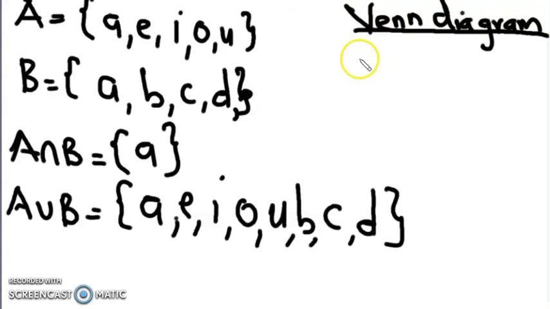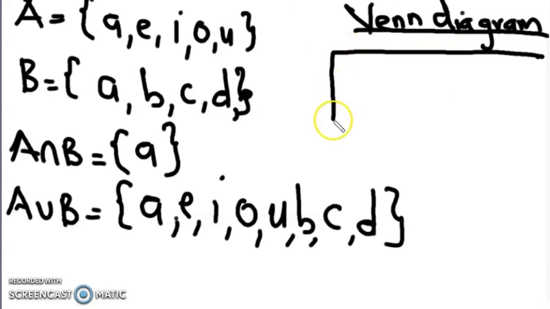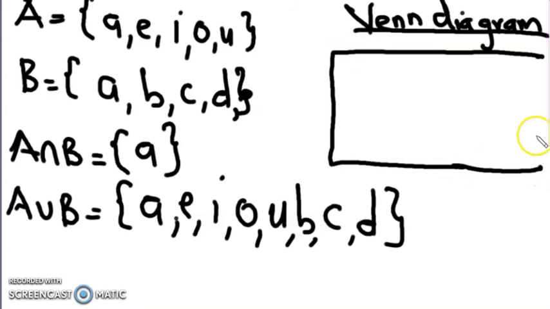So the first thing is we are going to draw a bigger set like this, and then the next thing is that we are going to draw the smaller sets, the set A, and then the set B.